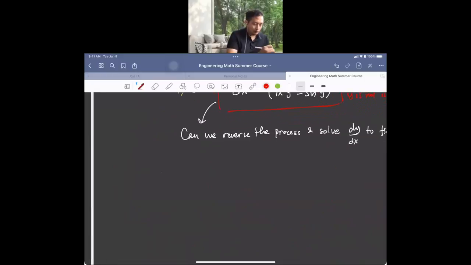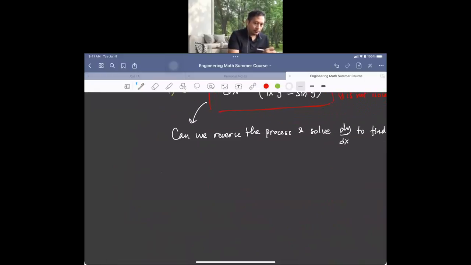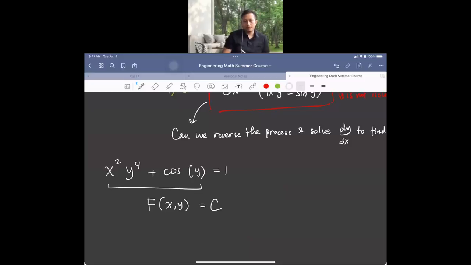Now, let me rephrase the original equation again. So x squared y to the 4 plus cosine y equals 1. Okay, and let this become our f of x, y, c. So function of two variables.